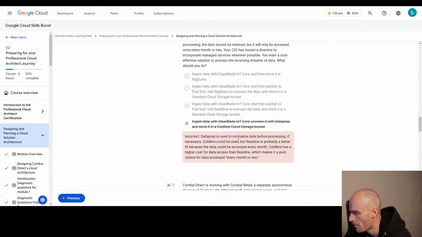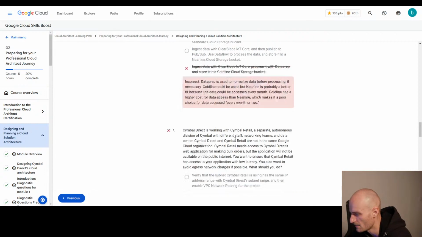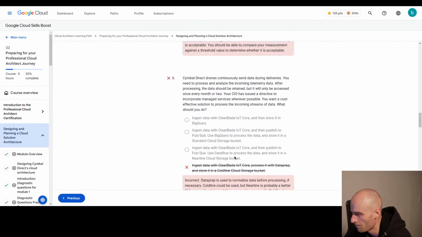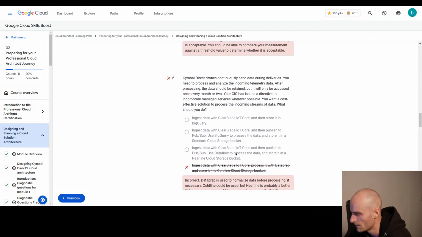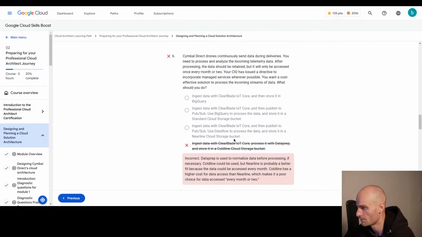Okay, so Nearline maybe will be this, but I don't understand, is Dataflow something managed? Okay, we'll see. So yeah, data prep is not for processing data, it's for preparing data for the processing. It's pre-processing.